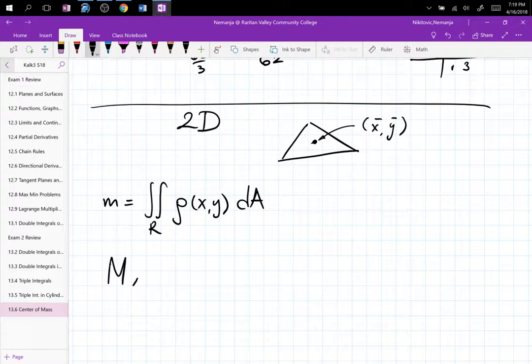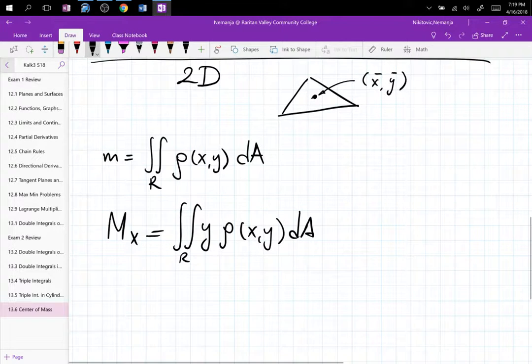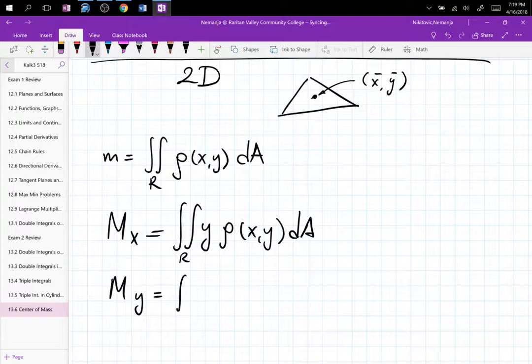Your Mx is going to be a double integral of y rho(x,y) dA over the surface R, and your moment in y is going to be x rho(x,y) dA. And now we need to find those locations.